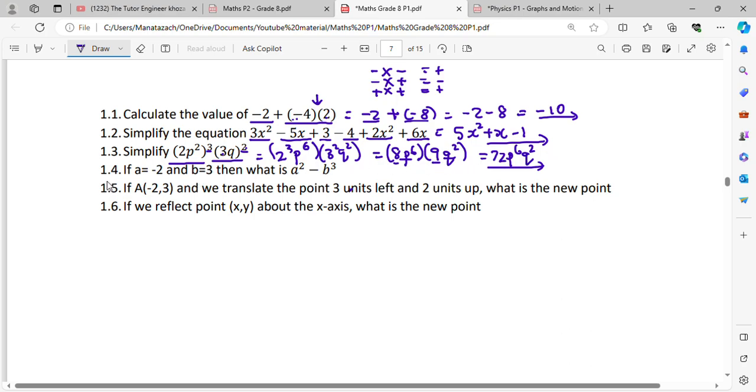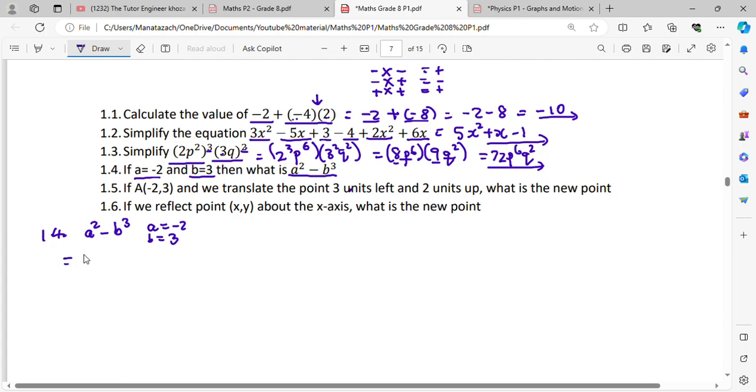Now let's go to question 1.4. a is -2 and b is 3. Then evaluate this expression. Let's write here 1.4. You have a squared minus b cubed. a is -2, b is 3.